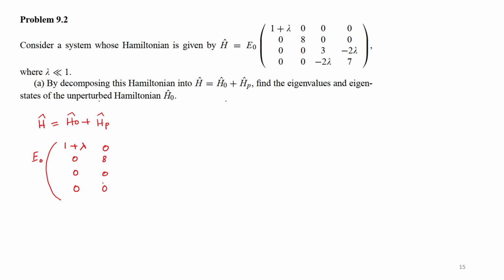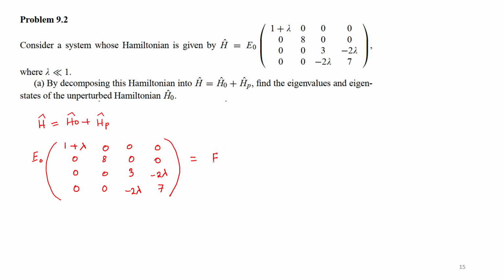See, there is a hint. You can see a diagonal matrix out of it. If we can decompose it in some kind of diagonal form, then our job is done.